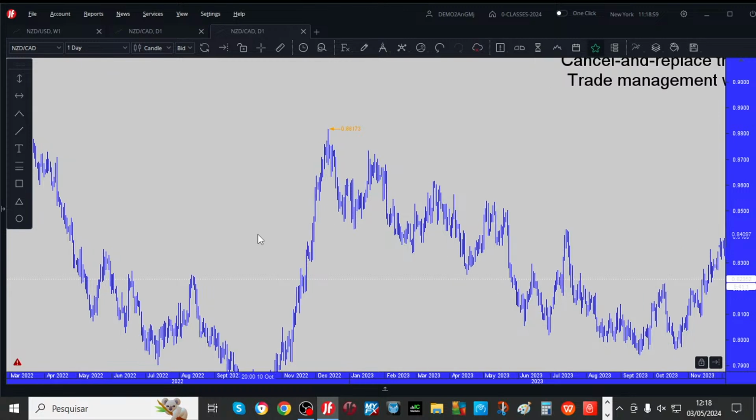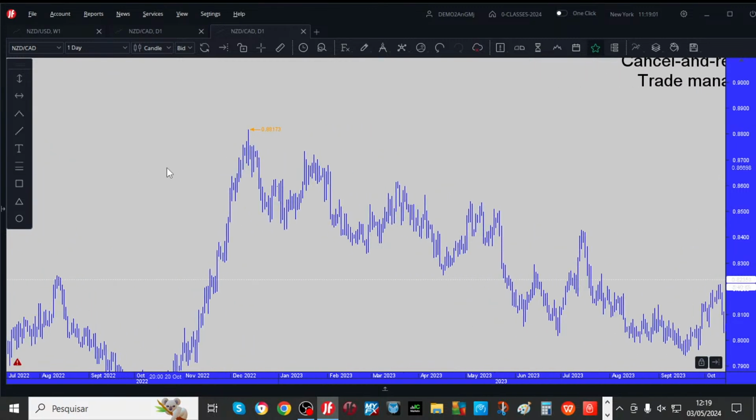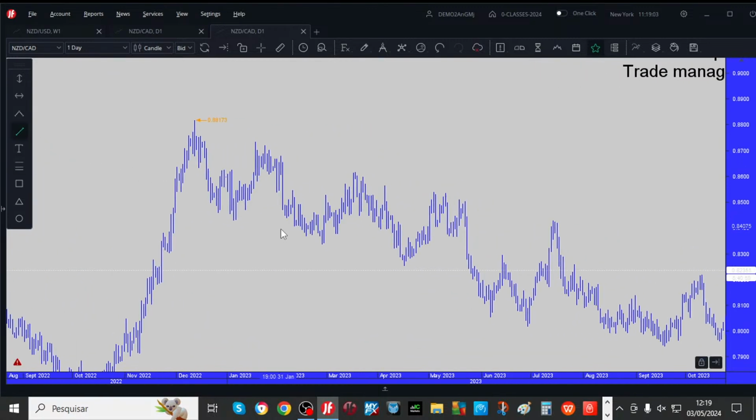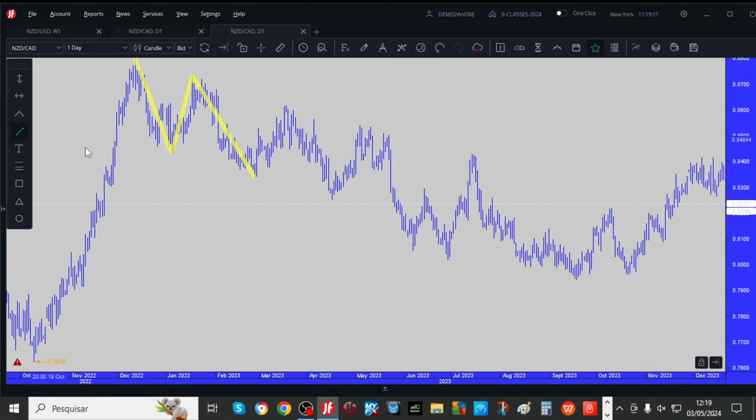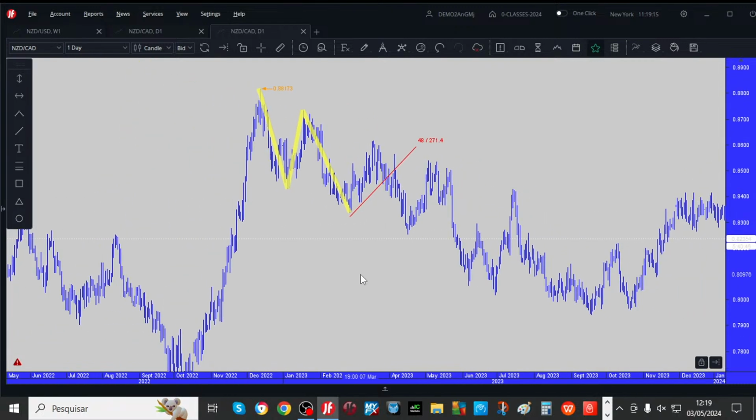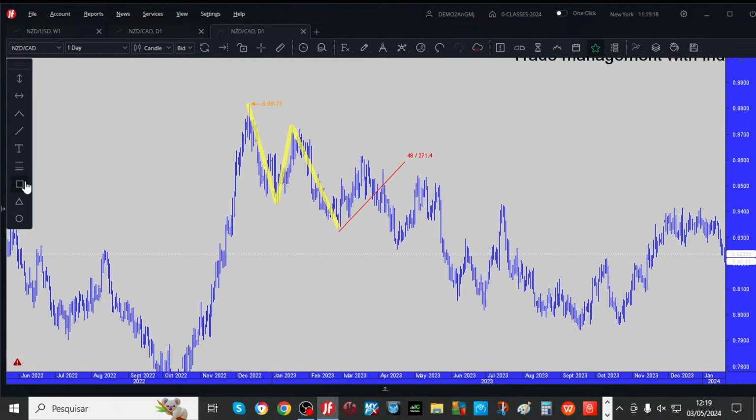Now let's talk about cancel and replace. Let's say that this is the market wave, extension, retracement, extension, and I'm going to enter this counter trend line break example, and my stop loss goes above this high. Agreed, everybody?